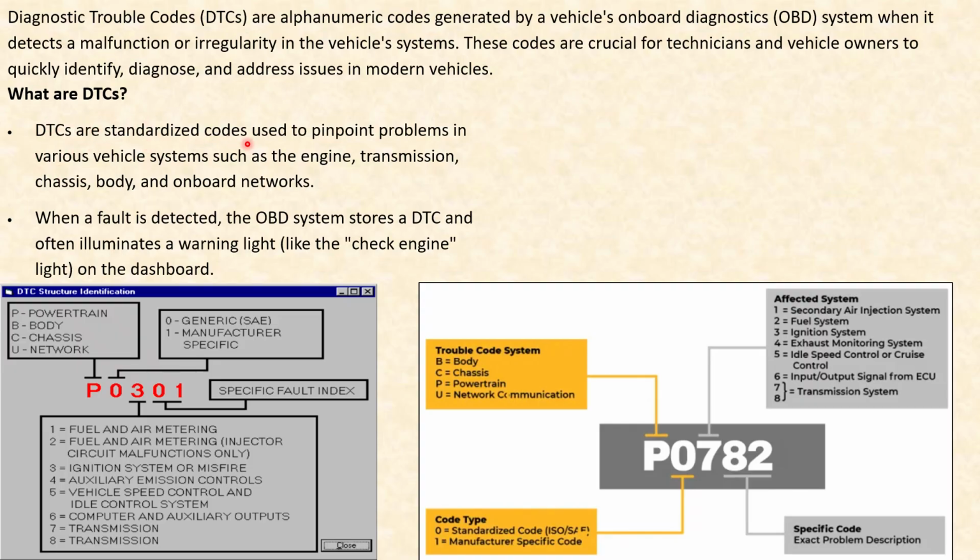DTCs are standardized codes used to pinpoint problems in various vehicle systems such as engine, transmission, chassis, body, and onboard networks. To identify where exactly the problem is, this code plays a pivotal role. When a fault is detected, the onboard diagnostic system stores a DTC and often illuminates a warning light, like the check engine light on the dashboard. I'm sure everybody would have seen these kinds of signals.